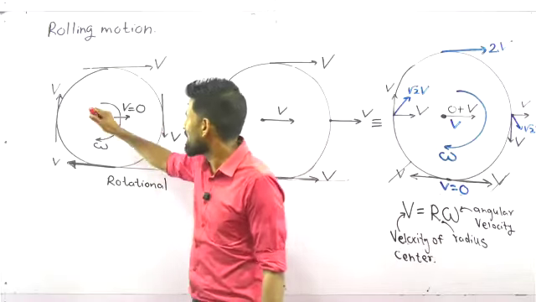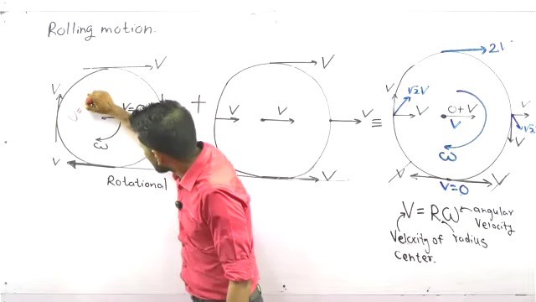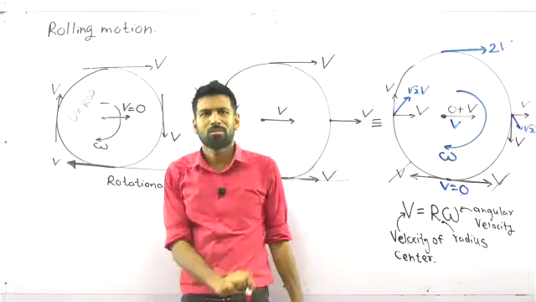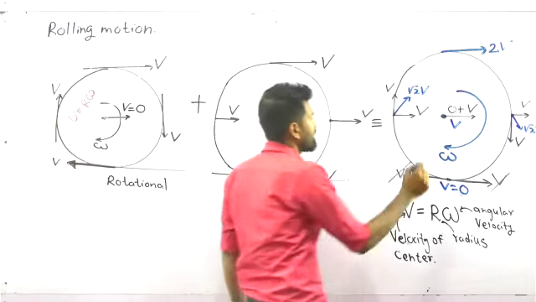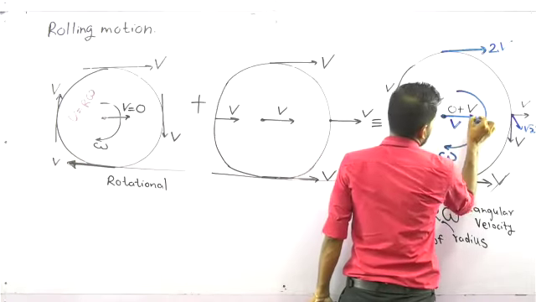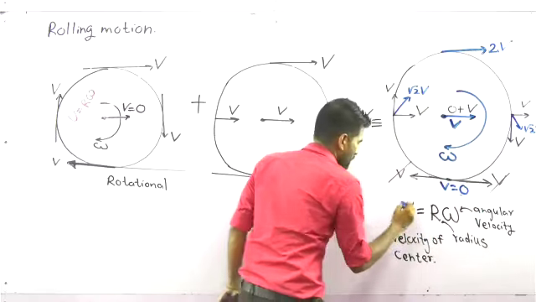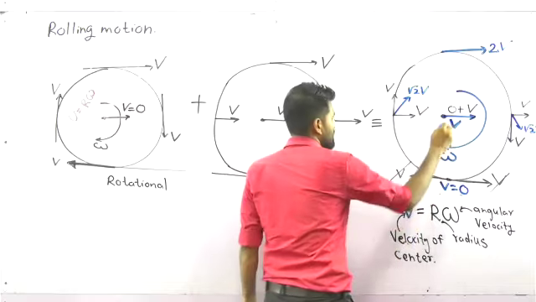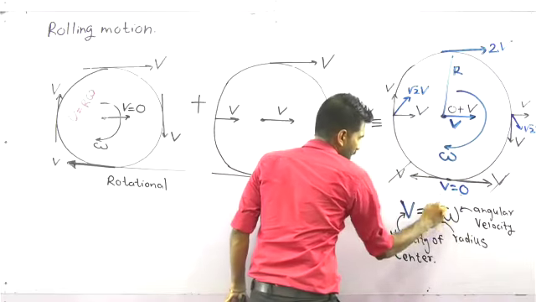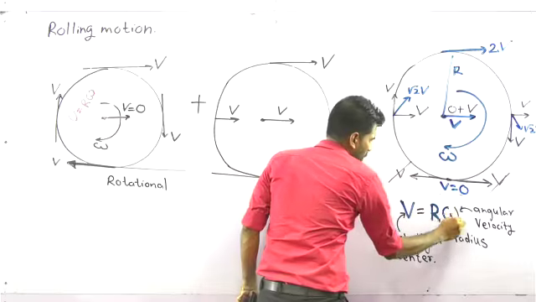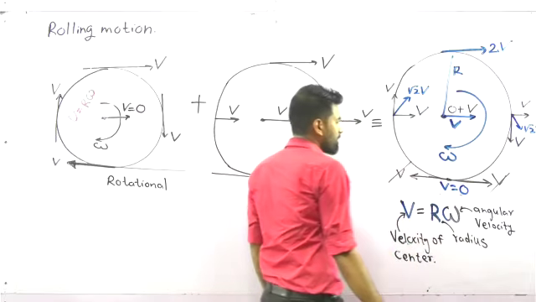That V equals R omega is for the pure rotational motions. Now it's not the case. The velocity in the center, V, is equal to radius times angular velocity omega. Note it down clearly.